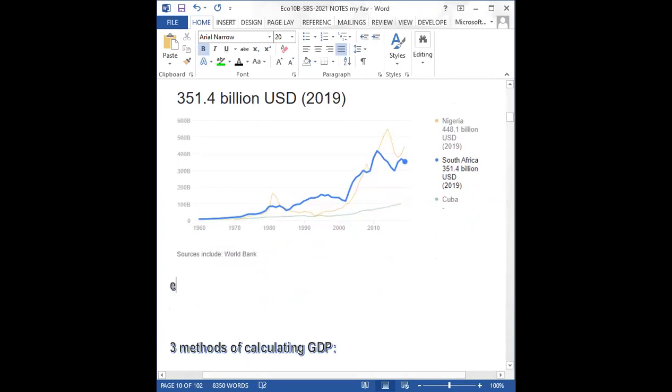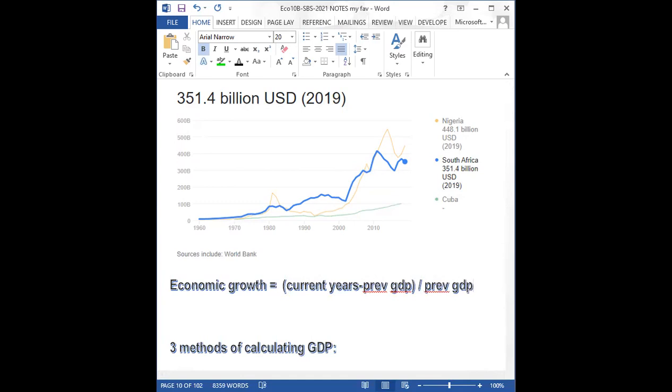Economic growth would equate to the difference between the current year's GDP and the previous year's GDP, divided by the previous year's GDP.